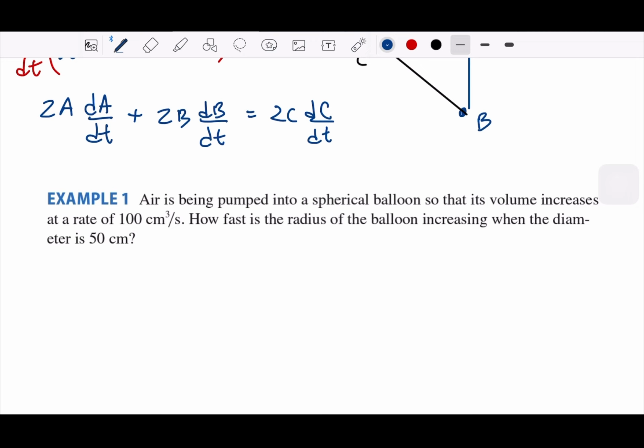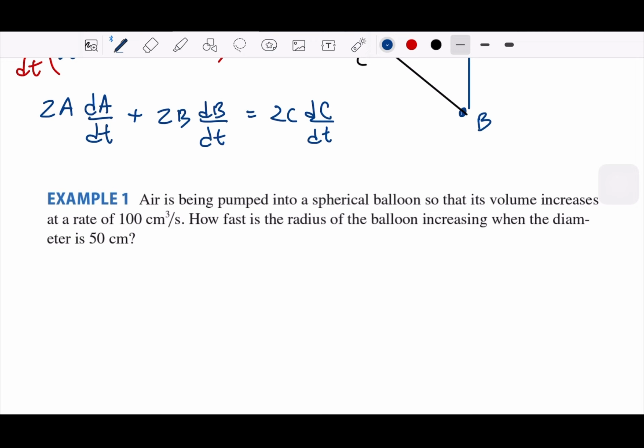So if this is a volume, and volume is usually V, this will be having dV over dt. Okay, something changes. How fast is the radius of the balloon increasing when the diameter is 50 centimeters? I hope you understand the question. It's asking the radius is changing. So the volume is changing, the radius is changing.